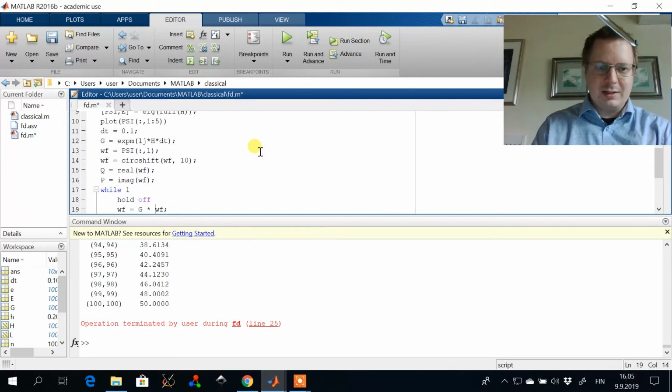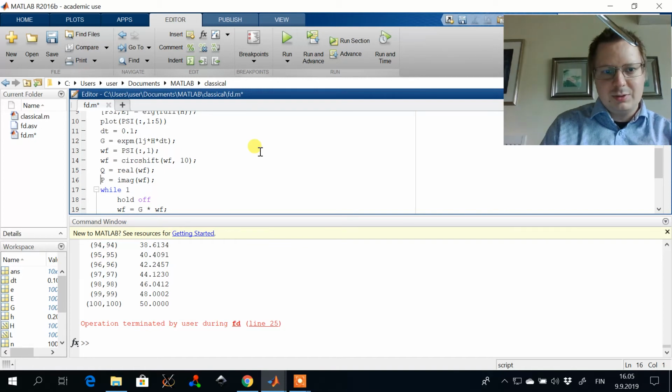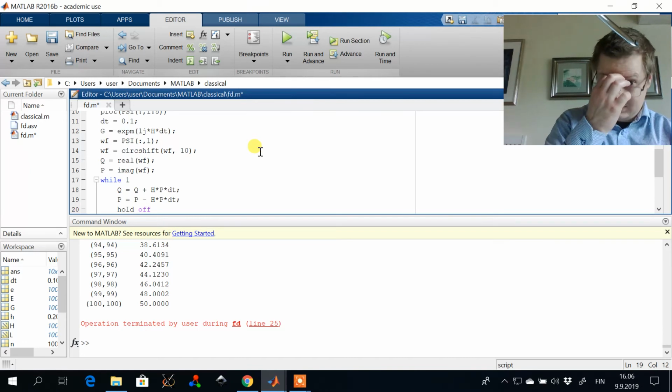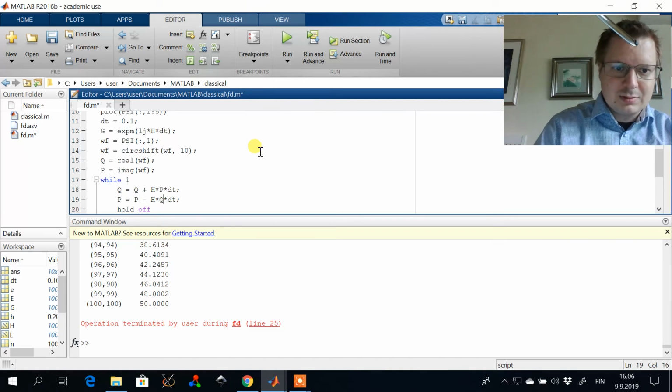So we have momentum and position fields, and then we will say that Q equals Q plus Hamiltonian times P times dt, and then P equals P minus Hamiltonian times Q dt.